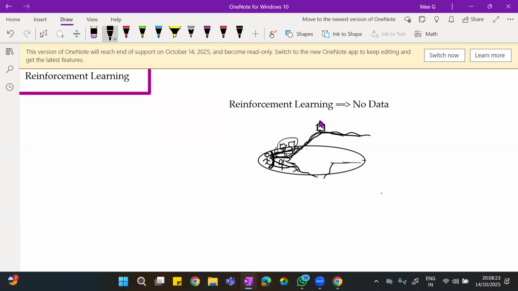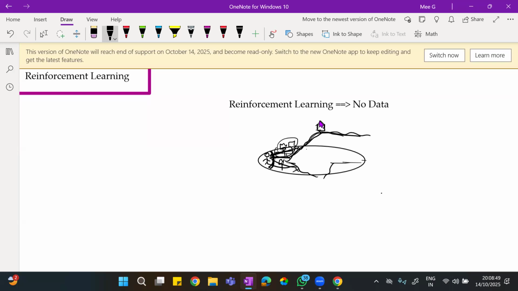And this is what is called reinforcement learning, where you are going to learn based on your own experience. You are going to make the model learn on its own. Now it's still in the research state. There are a lot of algorithms still, but not so effective.